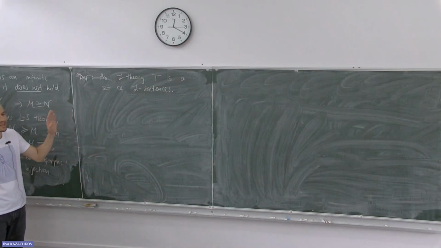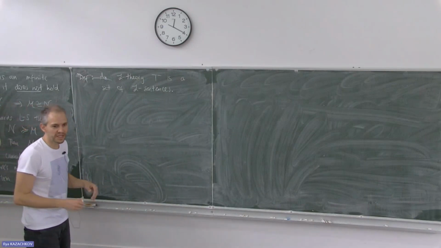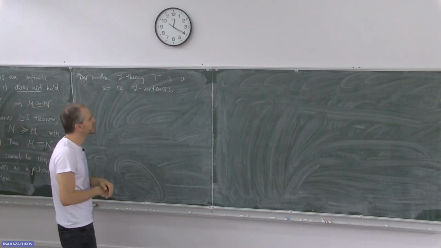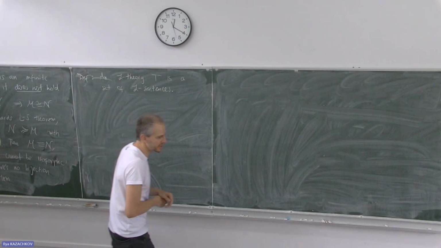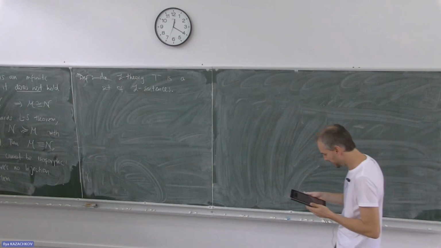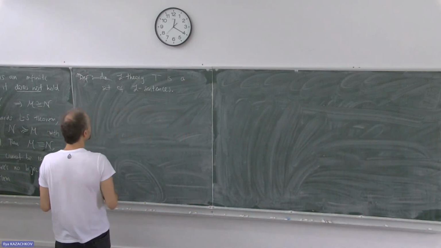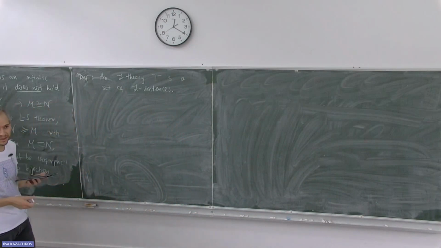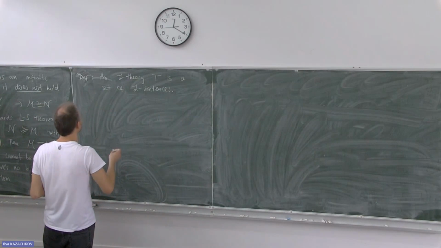It's just a set of L-sentences. Shall I give you some examples, or first define a bunch of concepts and then give the examples? Perhaps this is going to be better. The empty set is a theory, right? Yeah, that's correct.